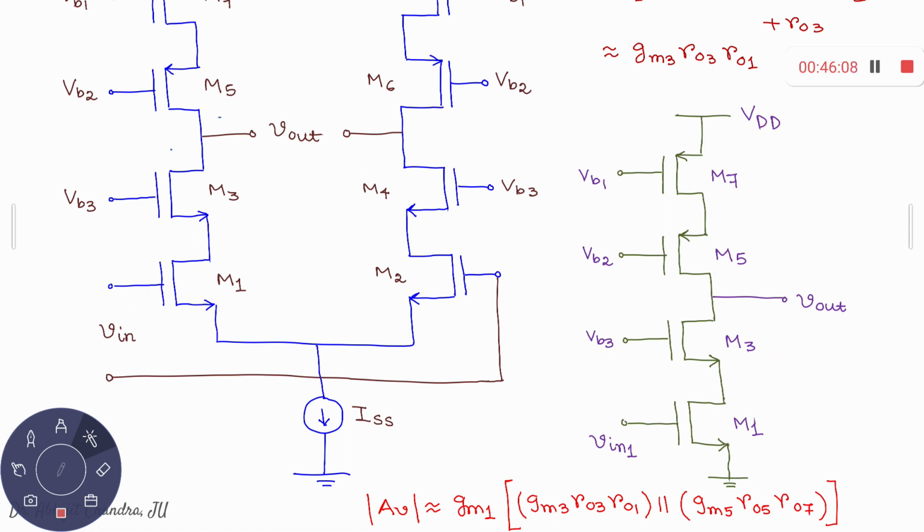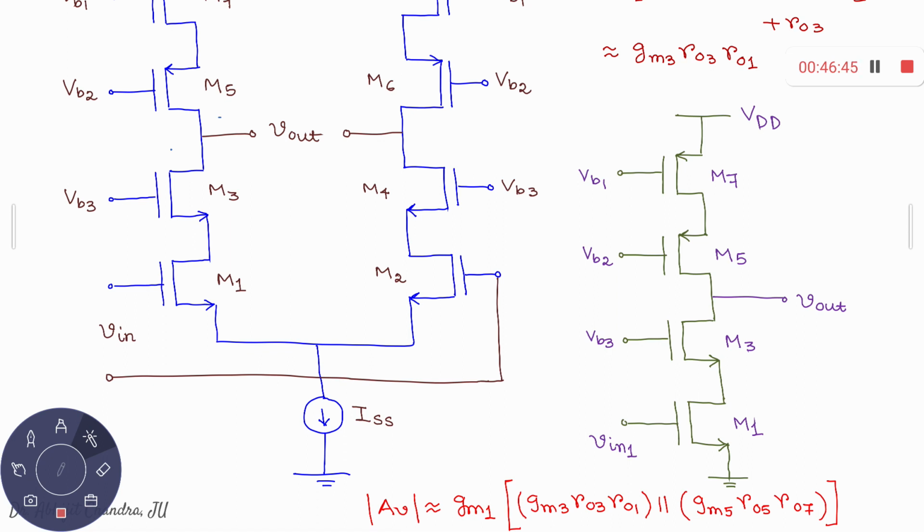Minus gm1, if you just consider the modulus, gm1, and with this approximation, gm3 ro3 ro1 for the amplifying side, and this is coming in parallel with this side. What is that? gm5 ro5 ro7. So there is an approximation. We have just neglected the body effect. Otherwise, the actual calculation will be something like (1 + gm3 + gmb3) ro3 + ro1 multiplied with ro1 + ro3. Anyway, with some approximation that can be regarded as gm3 ro3 ro1.